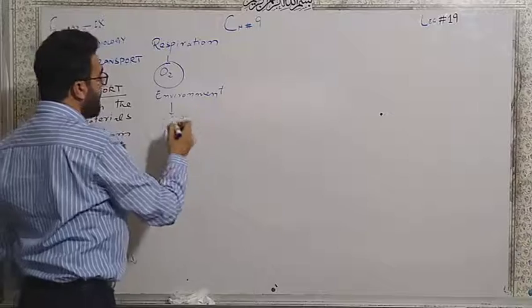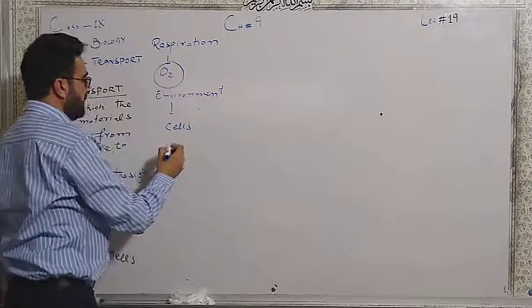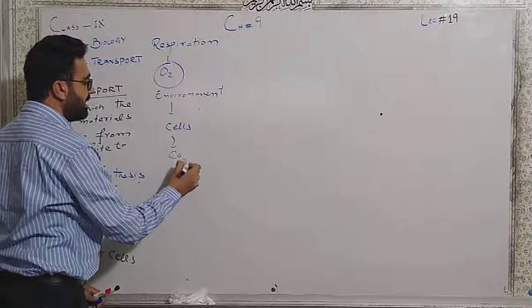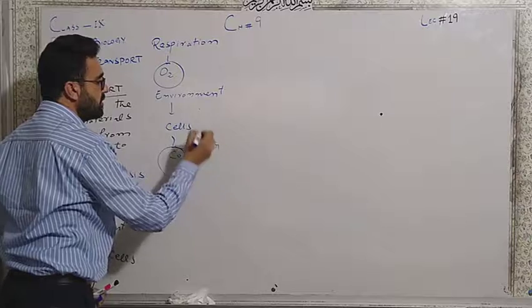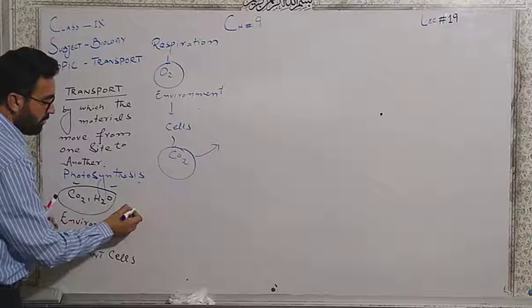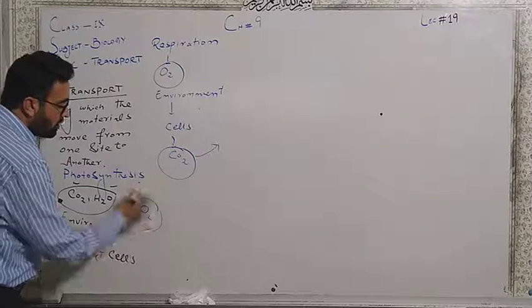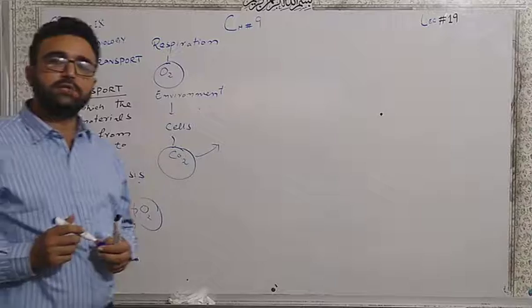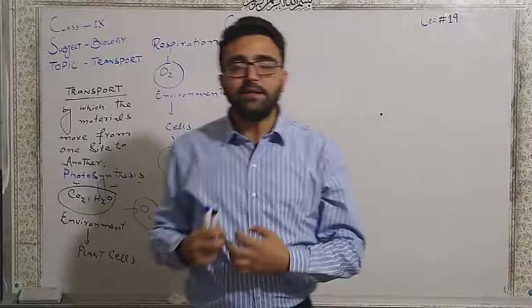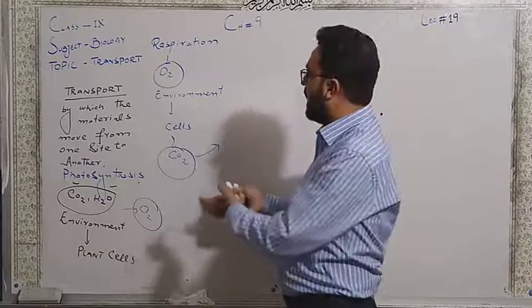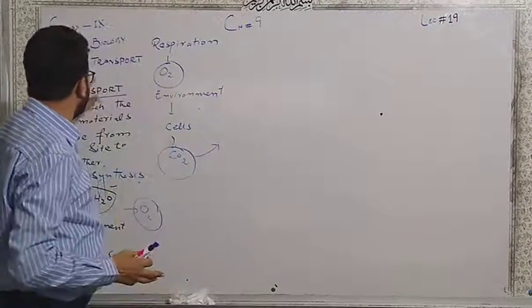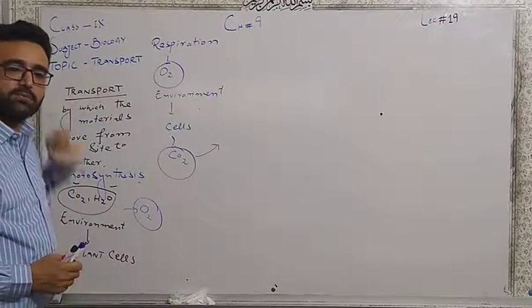And a byproduct we usually get from respiration is carbon dioxide, and that carbon dioxide should be disposed to the external environment. Along with that, in photosynthesis, we get oxygen. That oxygen is transported to the external environment. So things are coming from the environment, things are going back to the environment, and all of these exchanges are possible by the mechanism of transport.